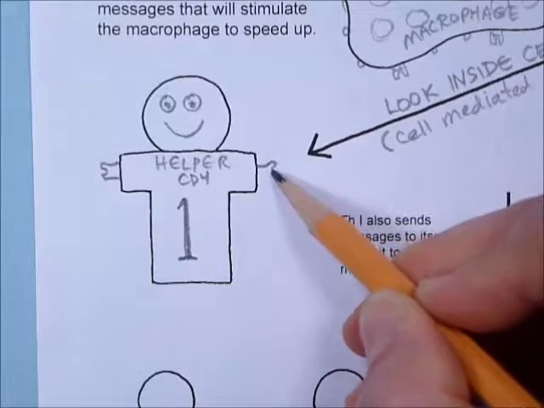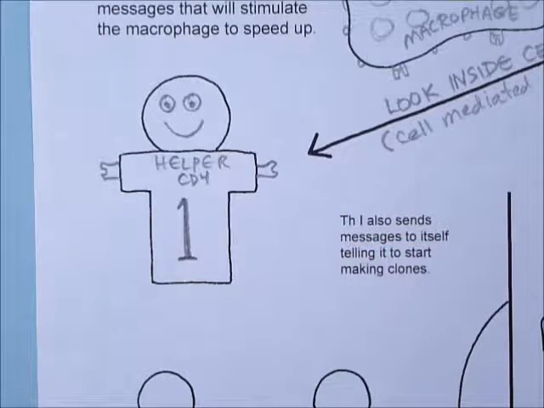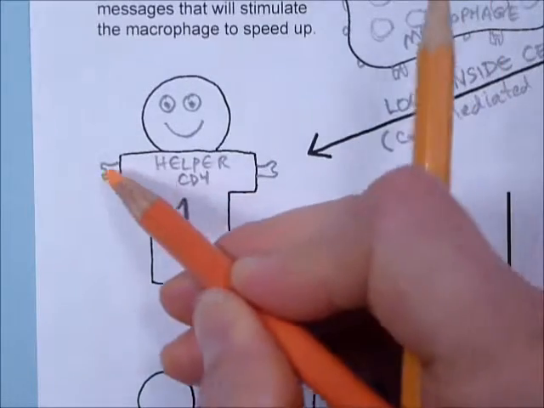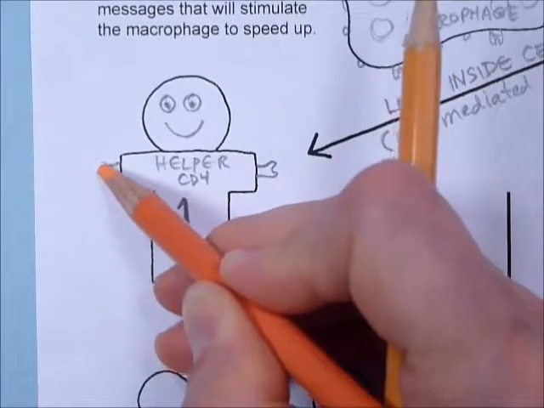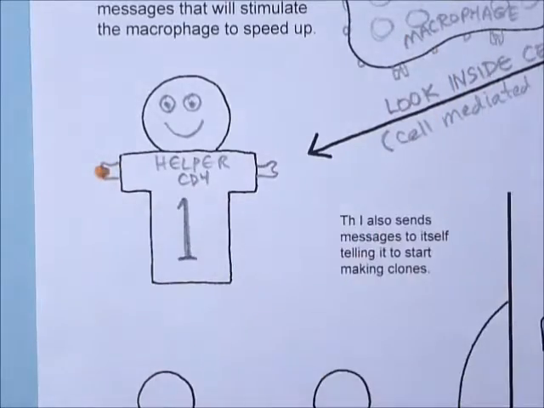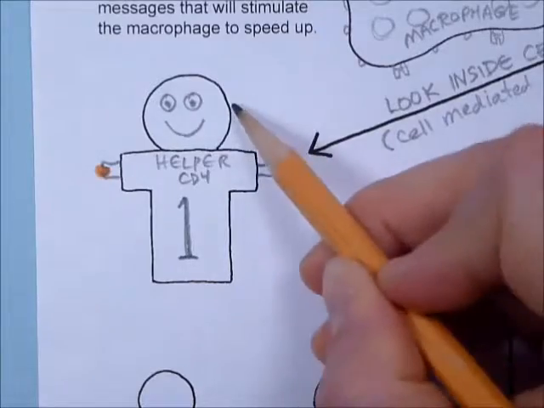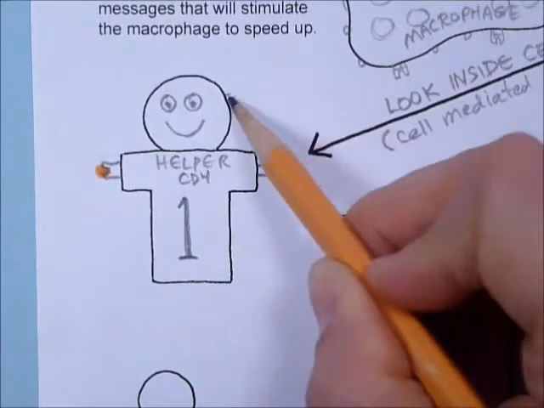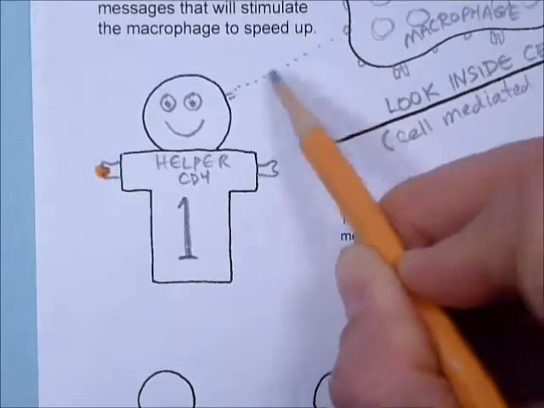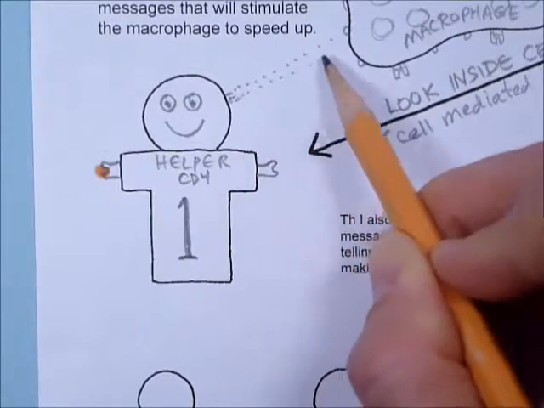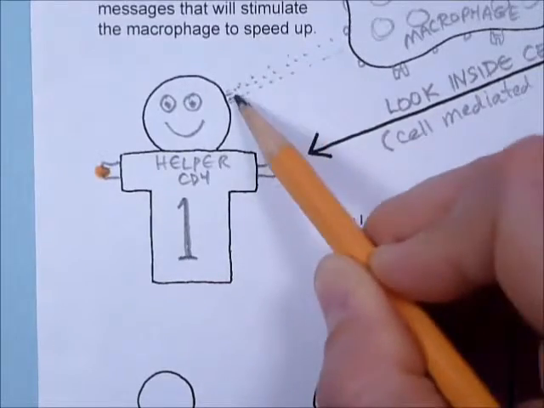Give it some little receptors there. So it knows what to do about that little thing that it just felt up at the macrophage. So it's going to do several things. One of them is that it's going to send a message back to the macrophage again. There's no significance to the fact that it's coming out of the head.